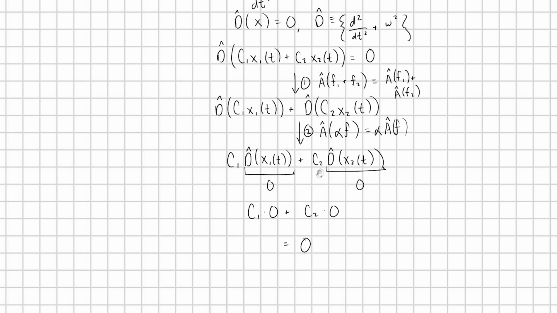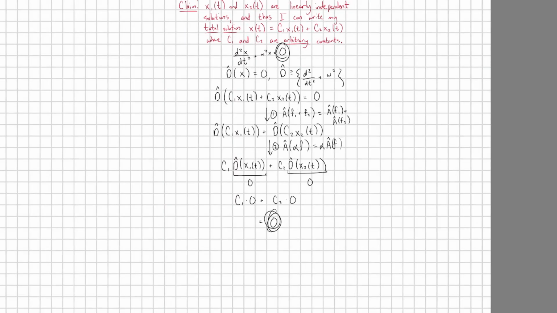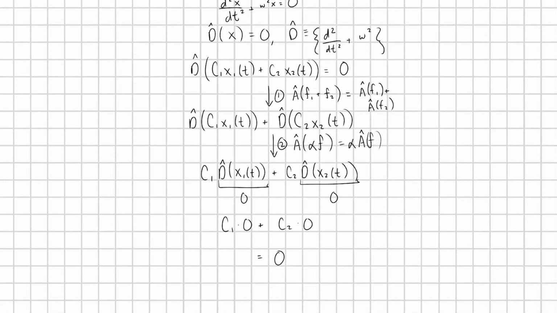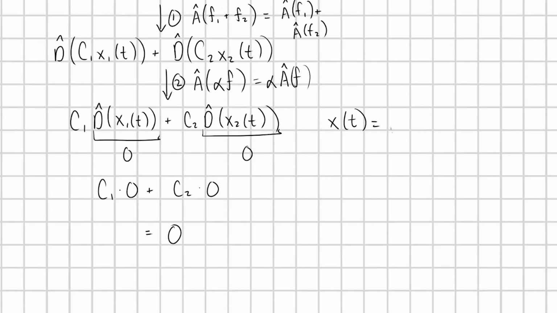In other words, we just proved, because the right-hand side of our differential equation is 0, and we get 0, that 0 is equal to 0. These are identical, of course. We just proved that our total solution x can be written as c1 times x1 of t plus c2 times x2 of t.